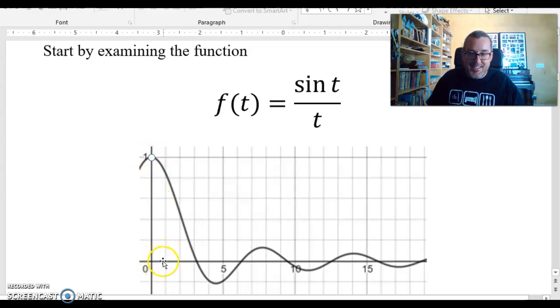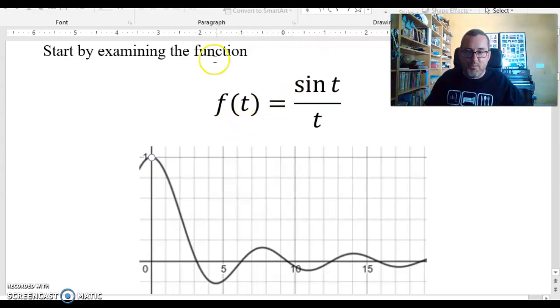But then as the input quantity t increases, sine of t over t is sometimes positive, sometimes negative, because the sine function is sometimes positive and sometimes negative.